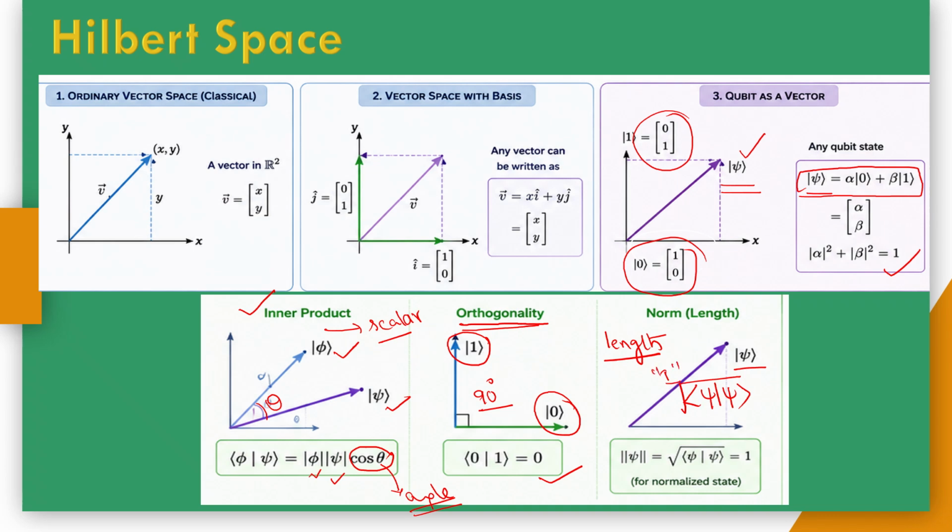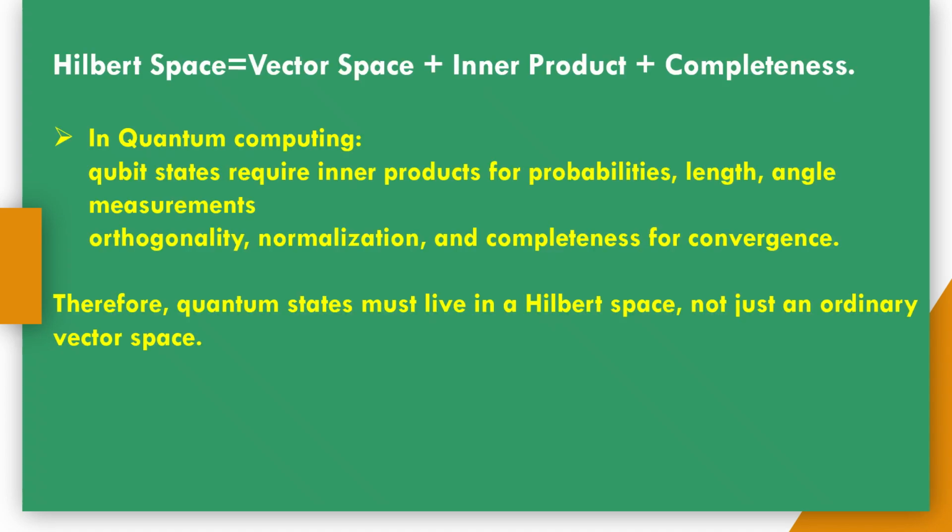So from the Hilbert space point of view, in addition to the representation of the qubit in the space, we can measure the inner product value, orthogonality, and normalization. With these parameters we can perform operations among the different quantum states. Therefore, the final conclusion: Hilbert space is nothing but a vector space.